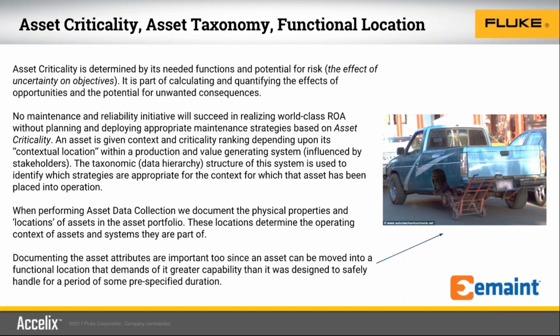So functional location is interesting. There's a lot of confusion around functional location, but essentially, if you look at that pickup truck there, I think it's a Nissan pickup truck, right? If you think about what normally goes there, it's not there, and then they took this hand cart and they threw it in there. Well, the functional location is that spot where the wheel and tire should be to spec, right?